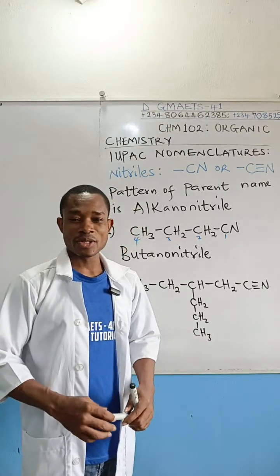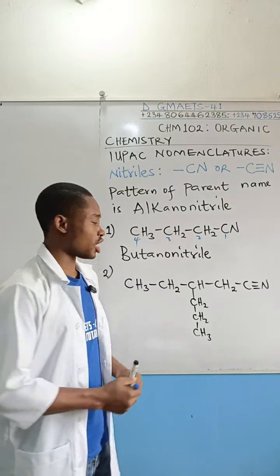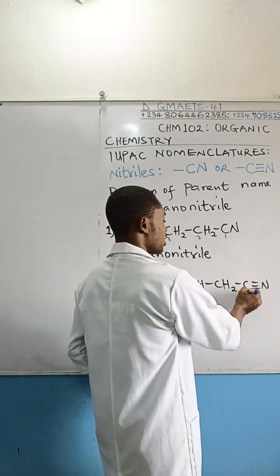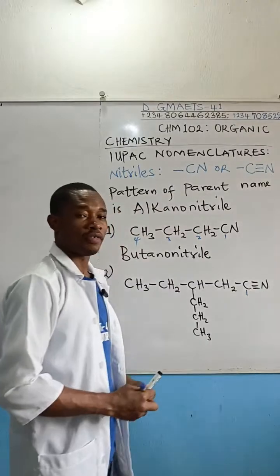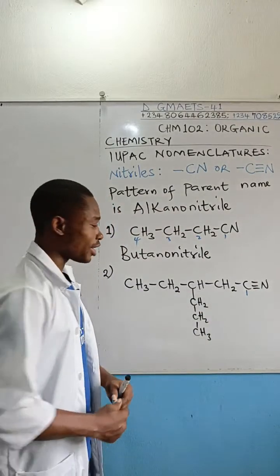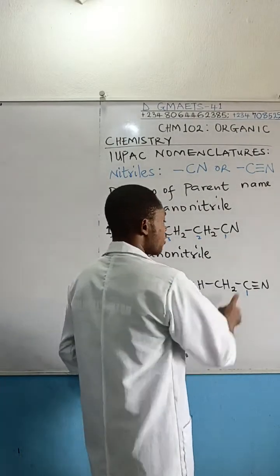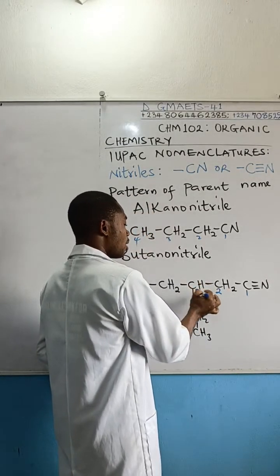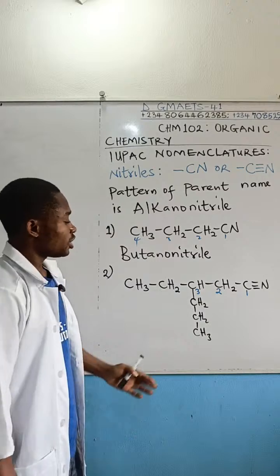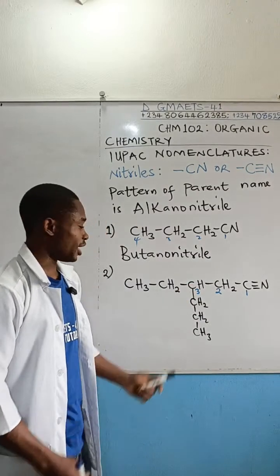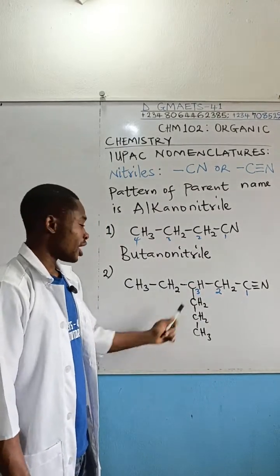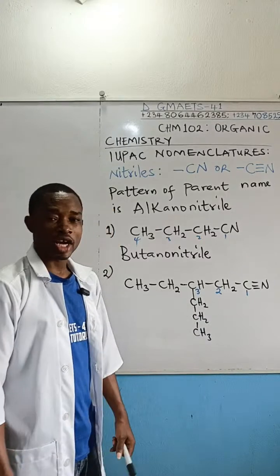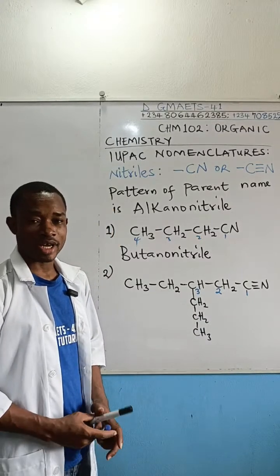Like I told you, this is taken as a terminal functional group. Therefore, the first carbon is always the carbon of the cyanide group. Are you following? So we have 1, 2, then 3. Coming to this third carbon atom, there are 2 branches from there. One goes straight, and the other one comes down. Check the path that gives you the longest chain.